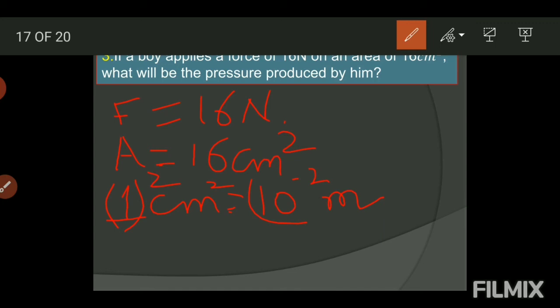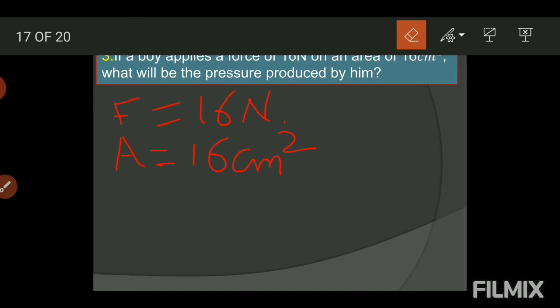So if you square both the sides, you get 1 centimeter square is equal to 10 to the power minus 4 meter square. So, say if you have forgot what is the relationship between 1 centimeter square and meter square, this is how you can always recall. So we got 1 centimeter square is equal to how many meter square?